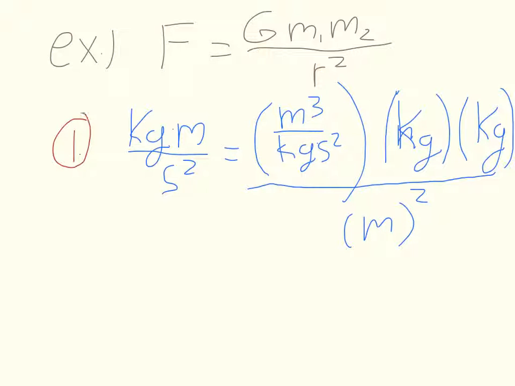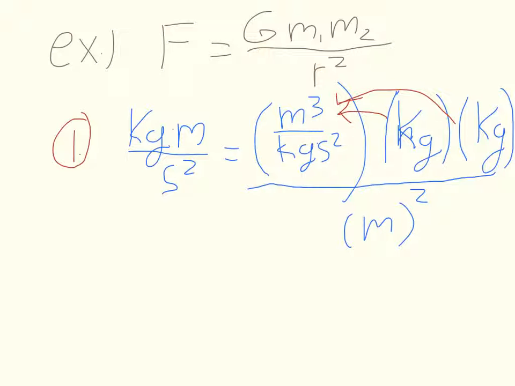Now we just need to take all these units and do a little bit of algebra and see what we end up with. Looking at this, hopefully you can see that these kilograms, if we were to multiply in the numerator, would be up here with the meters cubed.